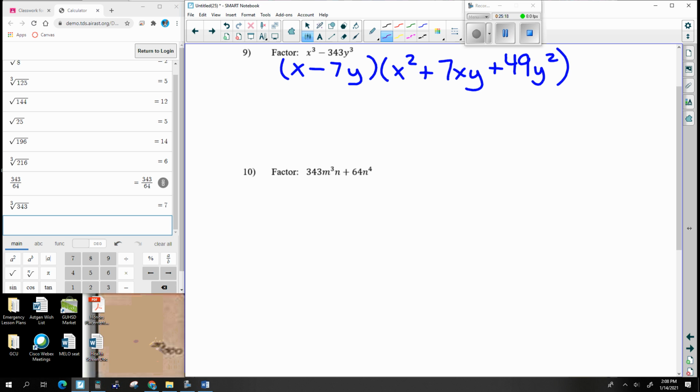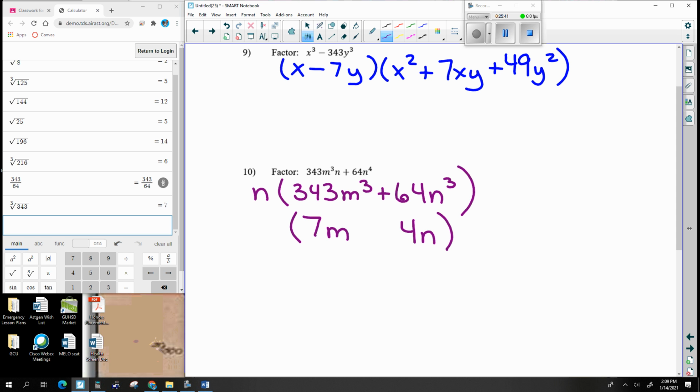Here I can GCF out an n. So that's 343 m to the third plus 64 n to the third. 343 is 7, m to the third is m, 64 is 4, n to the third is n. And square out, so the 7m and the 4n, 7m is 49m squared. 4n is 16n squared.